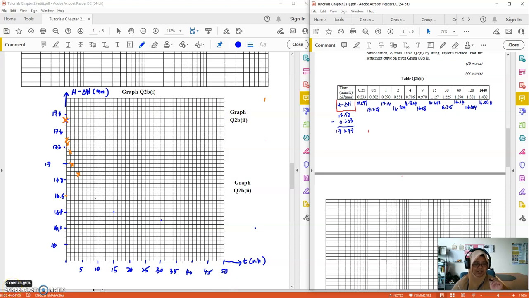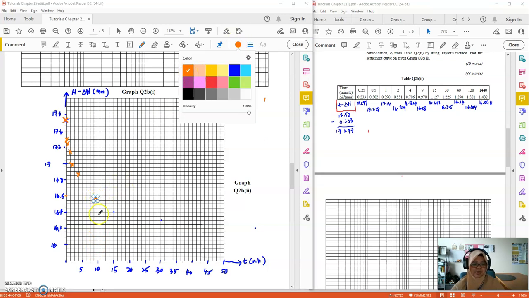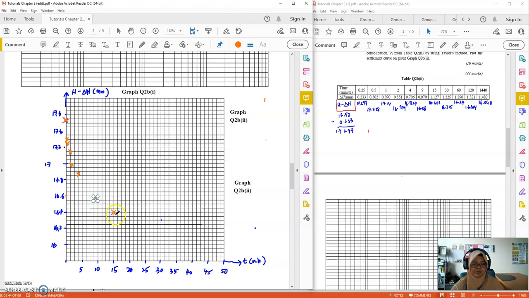So let's finish the plotting. At 9 minutes, we got 16.56. So 16.5 using my scale, maybe somewhere here. Let me change the color, orange. And then this dotted line that I provide for the 15 minutes, 30 minutes, and 60 minutes is out of the graph paper, but it's okay.